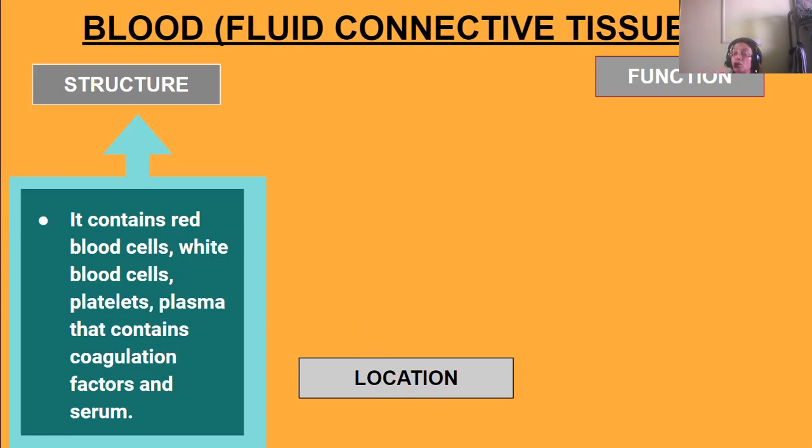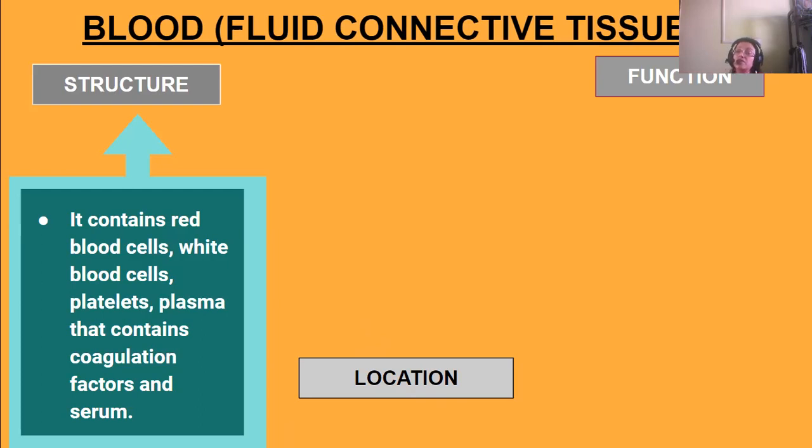Coagulation means to clot, to stop the blood so that it does not flow always. Making the blood into a lump, not in a fluid state, making it solid. That is coagulation. So certain factors are there to make the blood coagulate.